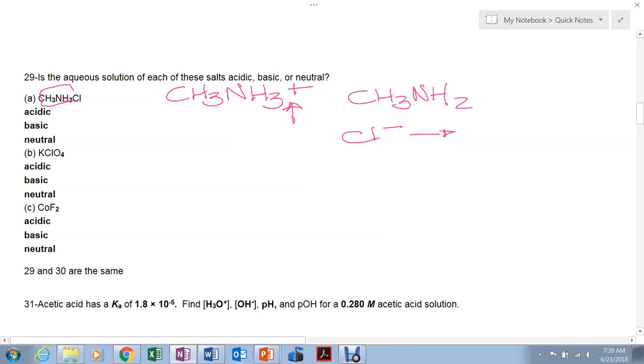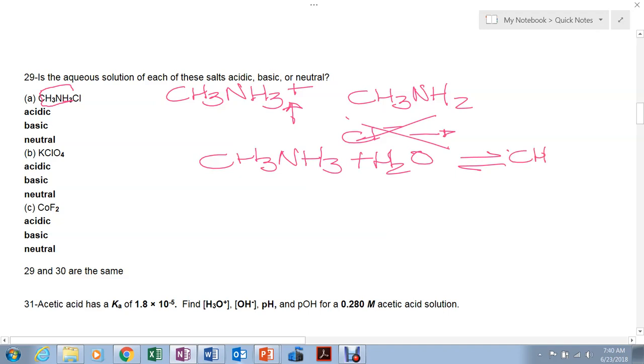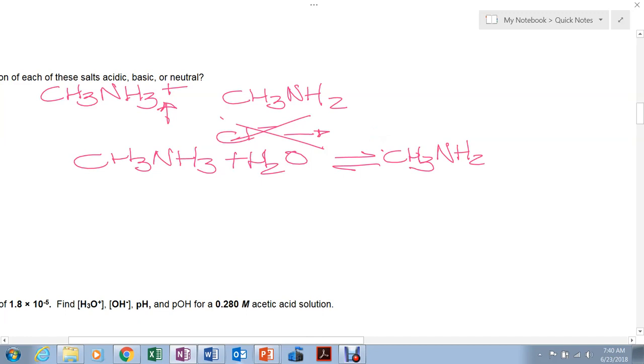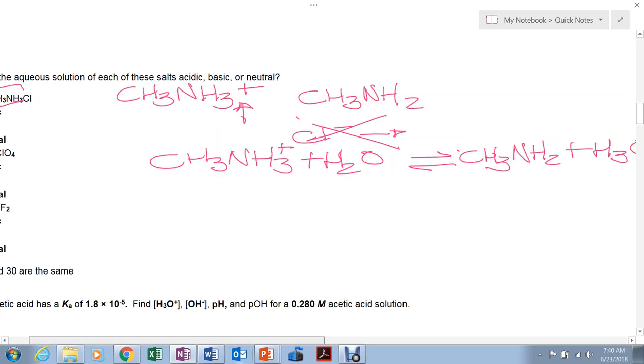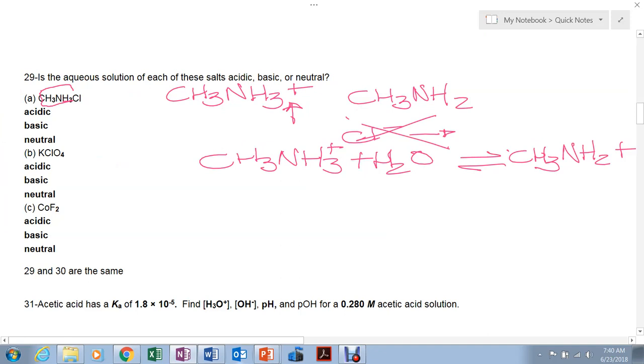Remember, it's the opposite. This is not going to react, so this becomes CH3NH3 plus water. It gives me CH3NH2 plus H3O plus. By the way, this is plus here. So this is going to be an acidic solution.